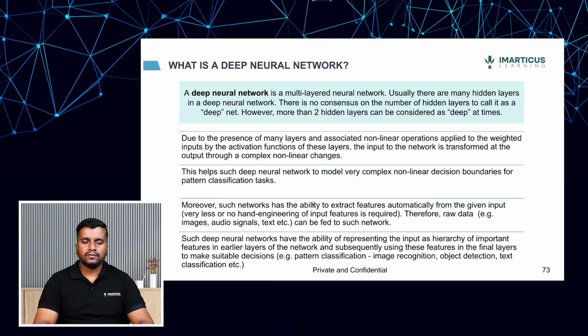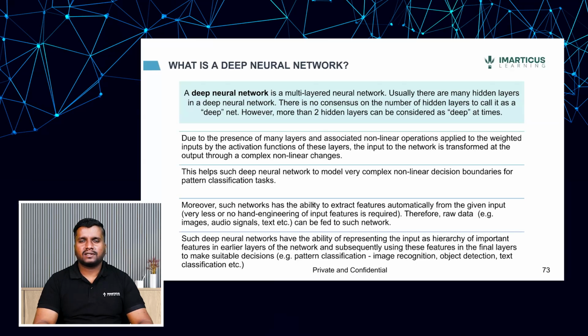Such a network with multiple layers can have a very fine level of extraction of features from the data, and it will get more and more information from the data, so it can be useful for images, audio signals, etc. Such deep neural networks can represent the input as a hierarchy of important features in earlier layers of the network and subsequently use these features in the final layer to make suitable decisions.